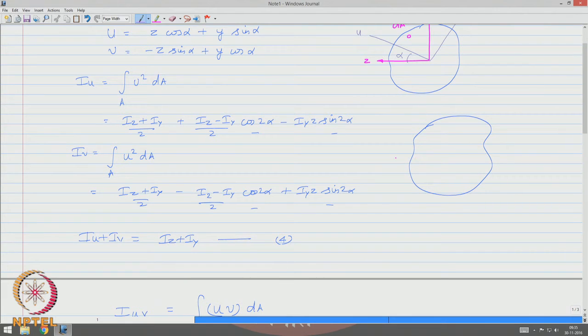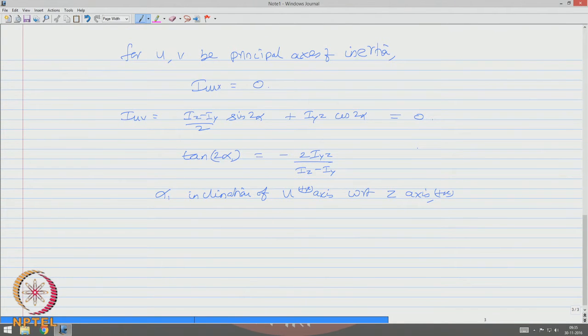If this is my z axis, this is my positive y axis, and I want to mark the u positive. If this is my positive u axis, this becomes my alpha 1, where alpha 1 is the inclination of the positive u axis measured from the positive z axis.